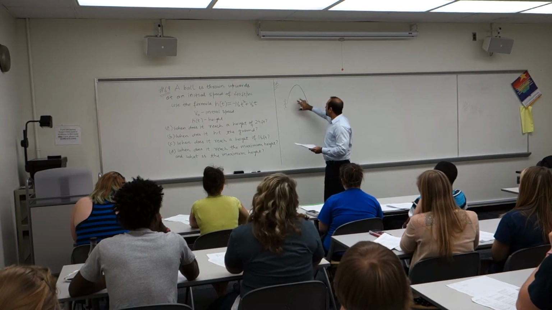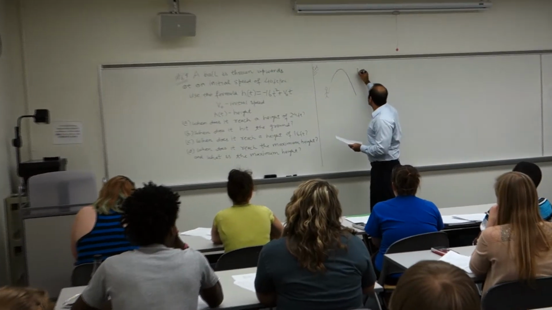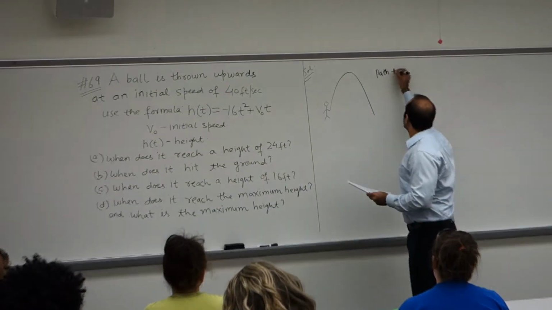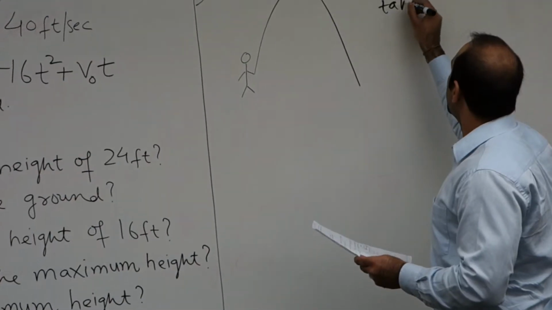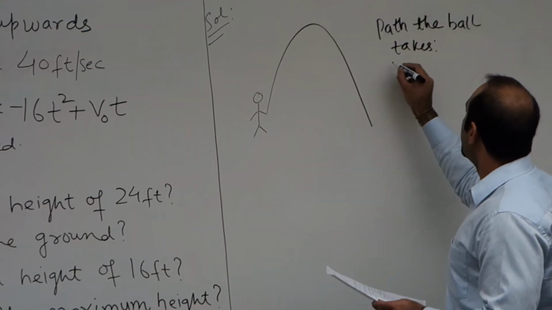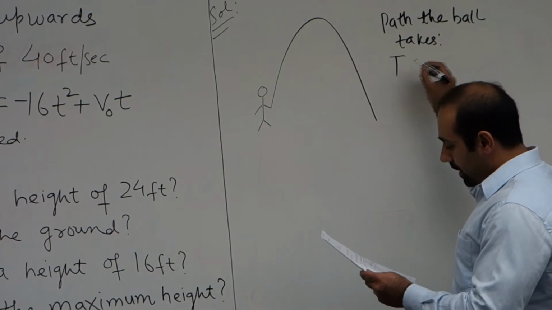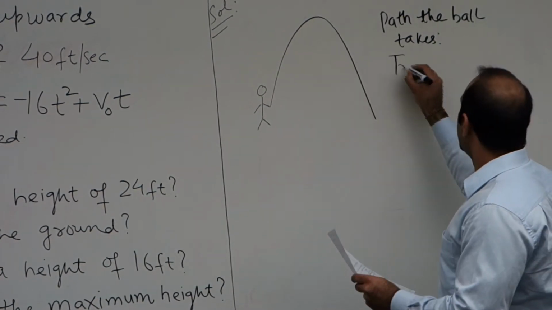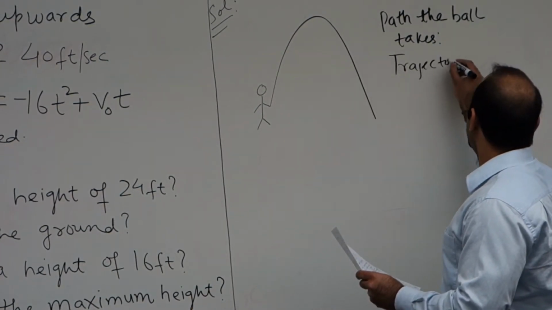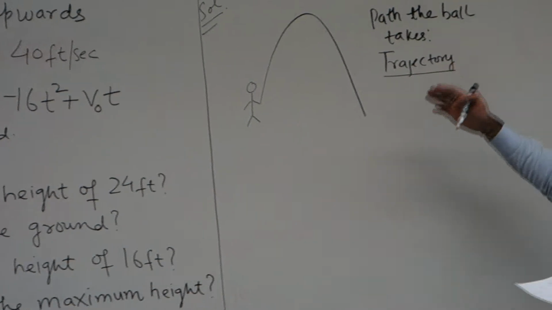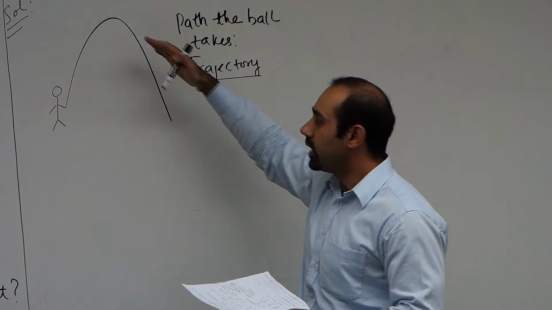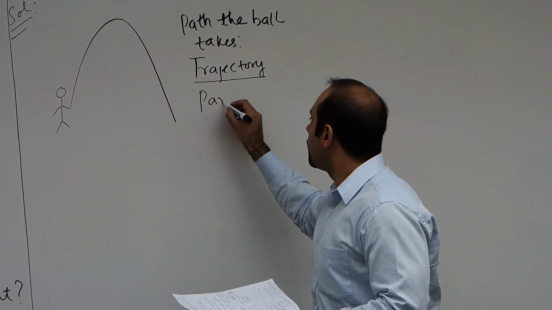And the path that the ball takes, which in physics is called the trajectory. So trajectory actually means the path that the ball takes, and in this case the ball takes the path which looks like a parabola.